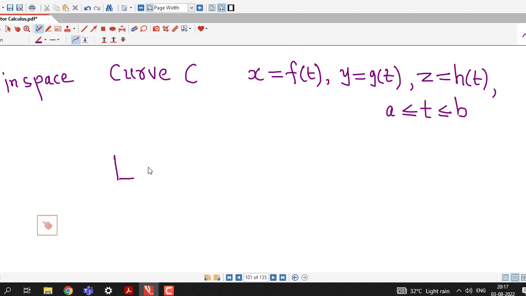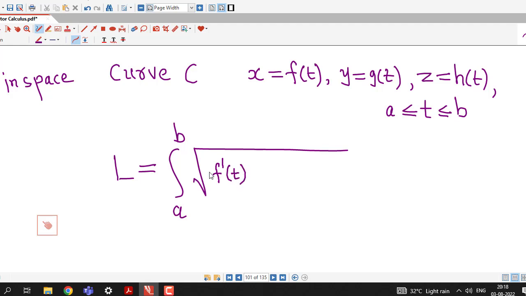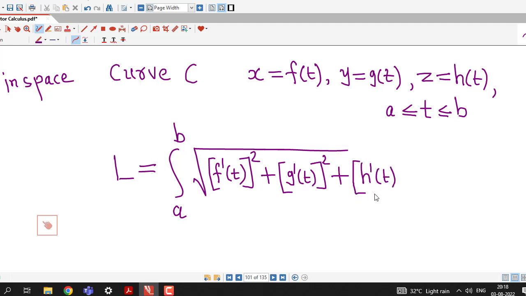Then the length of the curve in space is given by the integral from t equal to a to t equal to b of the square root of the derivative of f with respect to t whole square plus the derivative of g with respect to t whole square plus the derivative of h with respect to t whole square, integrated with respect to t.